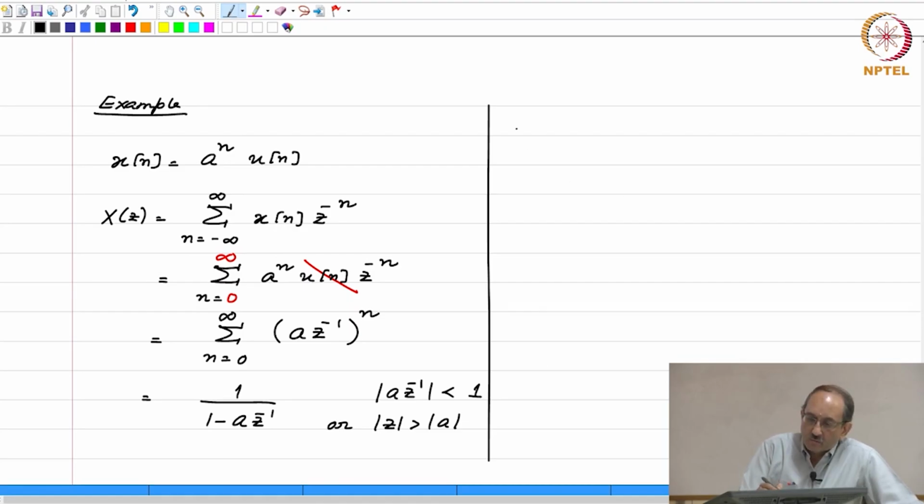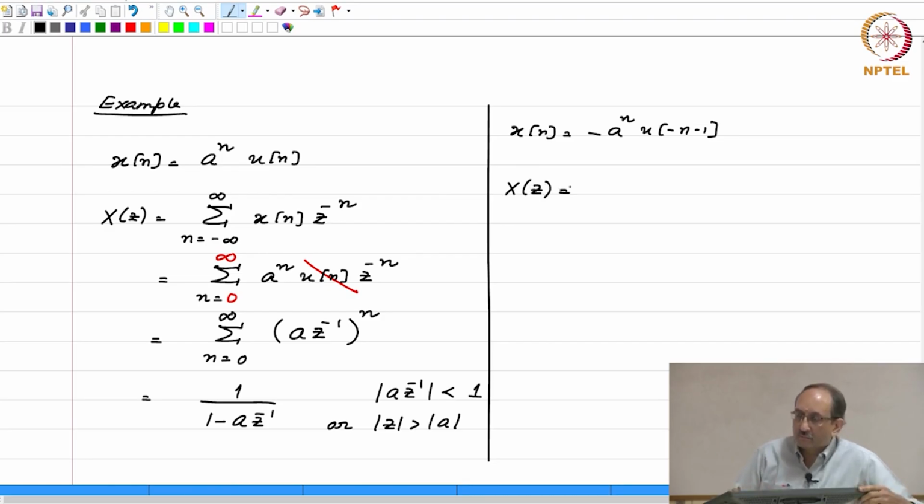So, now we have x of n to be minus a to the n u of minus n minus 1. What is its z transform? Because you have u of minus n minus 1, the summation goes from minus infinity to minus 1, of a to the n z to the minus n.